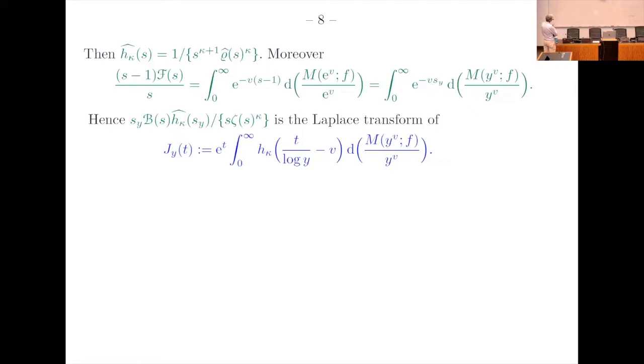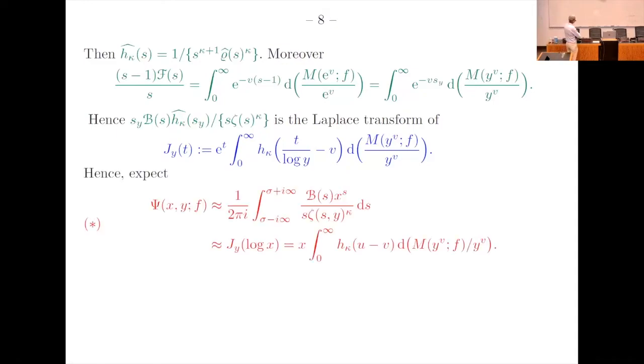And then you can write this one as the Laplace transform of this main term, which is a convolution. So this is the same. And then you get the same estimate.